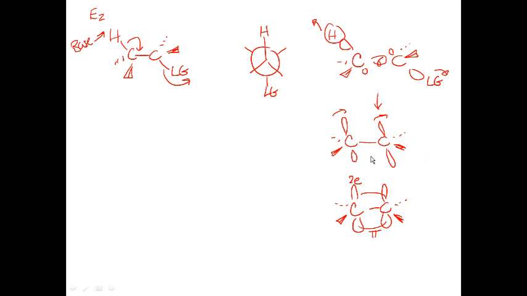So these two orbitals have to be parallel to each other in order to go from being sp3 in one smooth motion to the p orbitals. And they also have to have the large lobes on opposite sides of what will become the double bond, because that's the way the orbitals are going to grow. So the hydrogen and the leaving group have to be anti to each other.